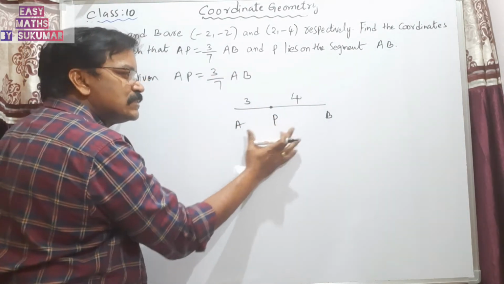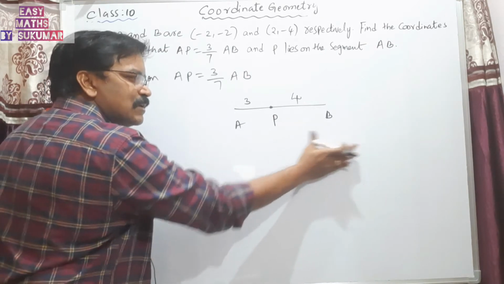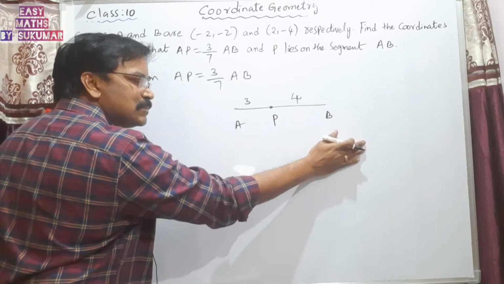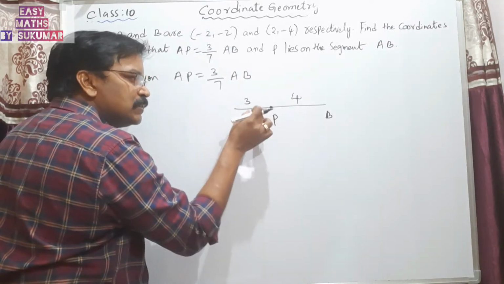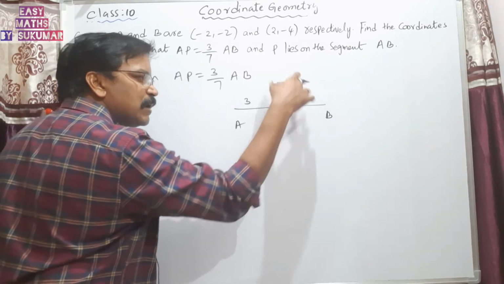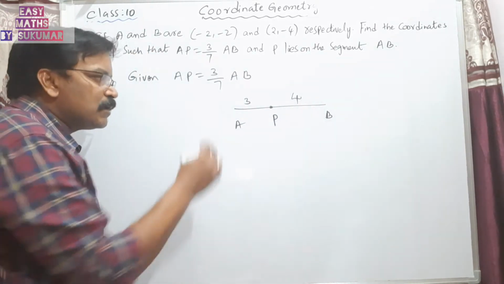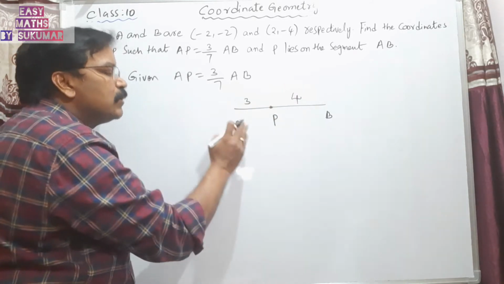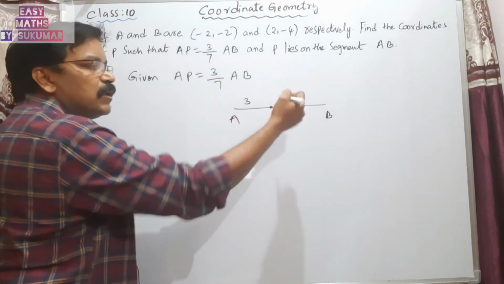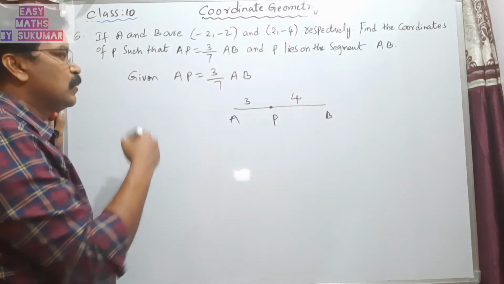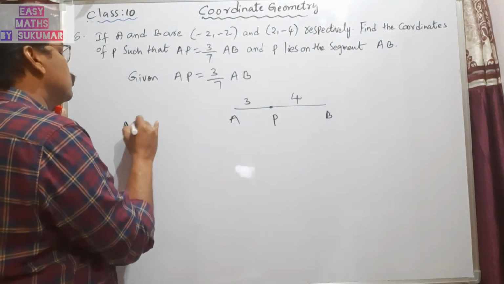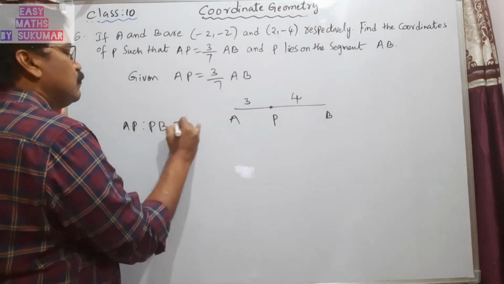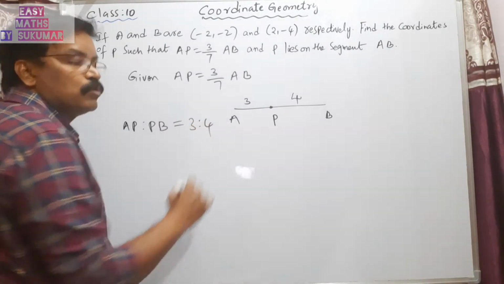If you take it like that, AP is 3 parts and the remaining one is 4 parts. That means point P divides the line segment joining AB in the ratio 3:4. That means AP is to PB is equal to 3:4.